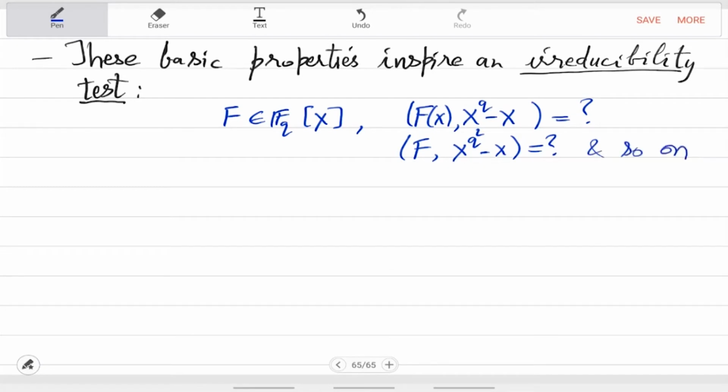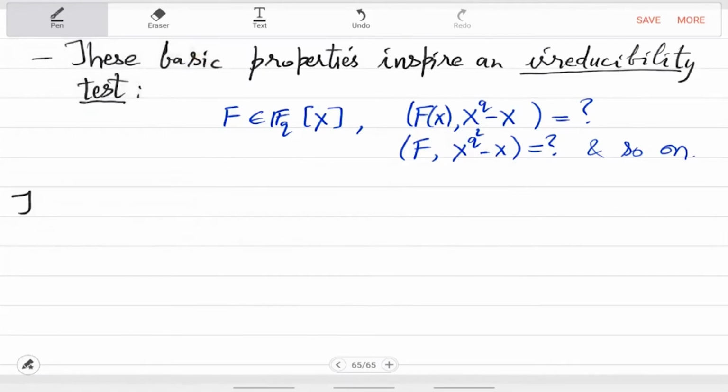Okay, this is the intended algorithm, that you keep taking GCD of big F with these Frobenius inspired polynomials. So if you take GCD with x to the q minus x, you are filtering out roots. If you take GCD with x to the q square minus x, then you are filtering out both roots and quadratic irreducibles. So this sequence of GCDs we want to compute. So that is the intention.